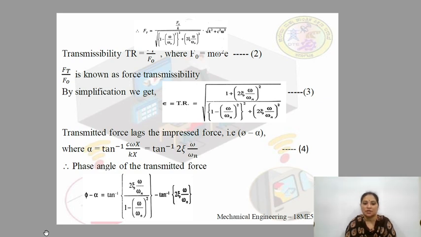Using this, we can write the equation for the phase angle of the transmitted force: phi minus alpha is equal to tan inverse of (2 zeta omega by omega n divided by (1 minus (omega by omega n) square)) minus tan inverse of 2 zeta omega by omega n.